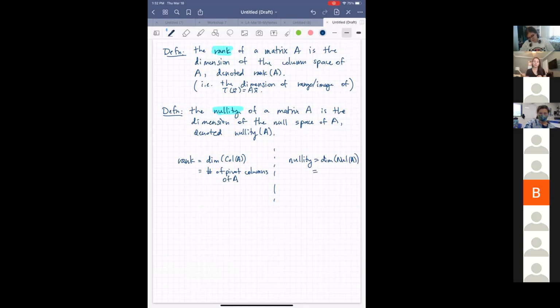The number of vectors depends on how many free variables we have. So the dimension of the null space of A corresponds to the number of free variables, and that is the same as the number of columns without pivots. So the rank of the matrix is the same as the number of pivots. Yes, exactly.